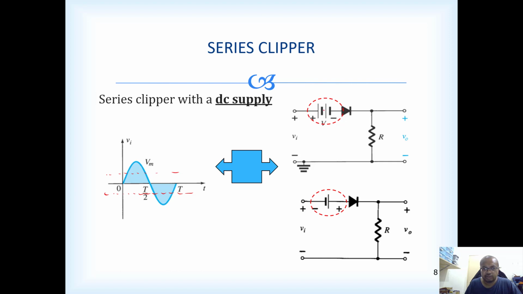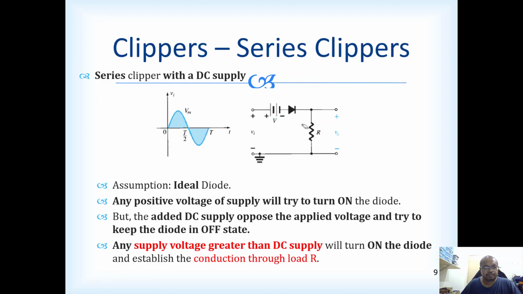Like this, for example, plus over here, negative over there, or the other way around. You can have negative here, plus over there. So this DC supply will determine the operation of the diode.